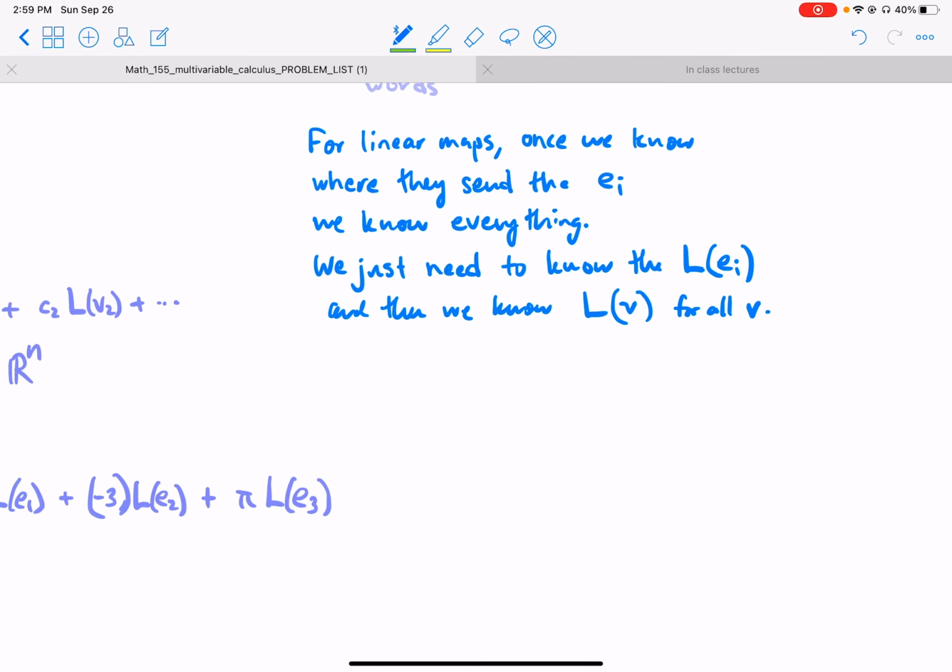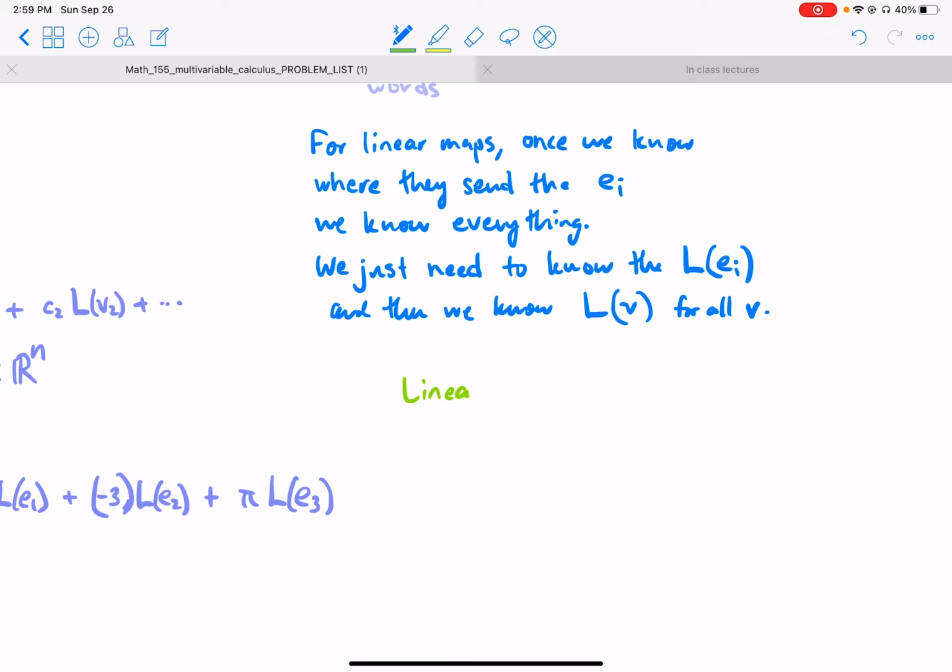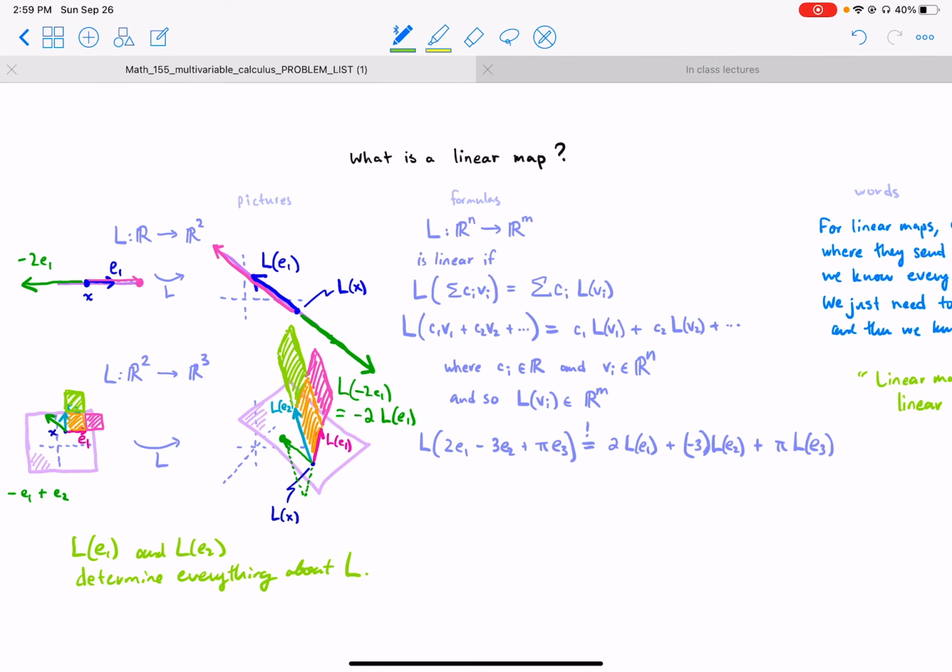Because linear maps respect linear combinations. That's a way to say it in words. In formulas, what that means is a linear combination goes to the same linear combination of the output vectors.